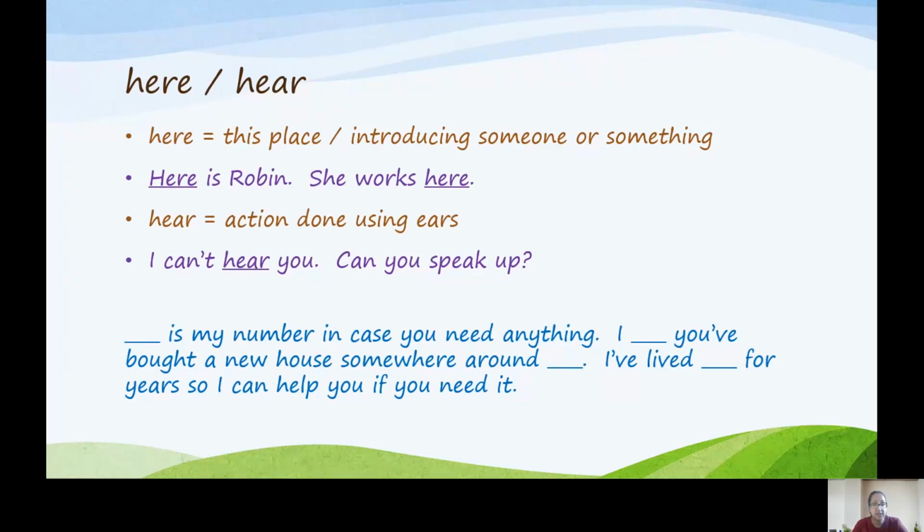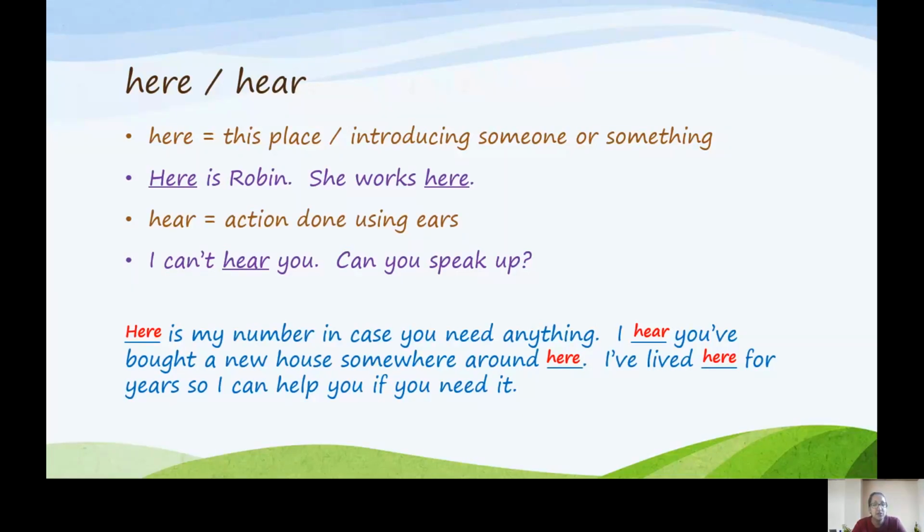We're introducing it, so it's H-E-R-E. I hear, H-E-A-R, I've heard from someone. I hear you've bought a new house somewhere around here, this place. I've lived here in this place. Okay.